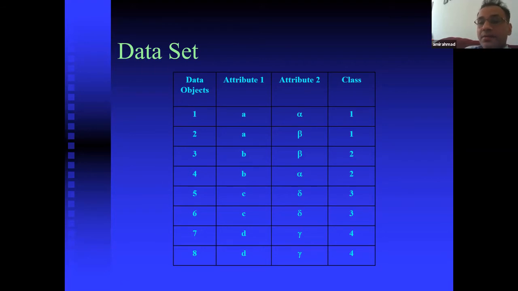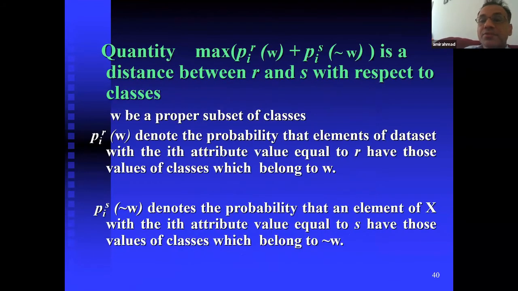And the relationship of the other attribute value, let's say B, with the complement of that subset. Here, if you want to find the distance between R and S, find the correlation of R with any subset W and the relationship of S with not-W.